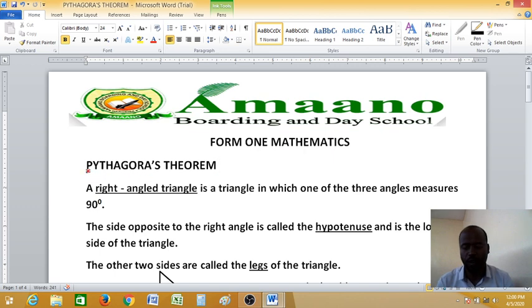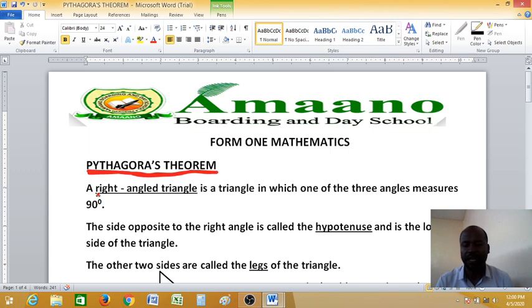Before stating what the theorem says, we define the terminologies that we are going to use in solving different problems related to this Pythagoras theorem. The first one is a right-angled triangle. We know that a triangle is a three-sided figure which has three vertices and three angles.